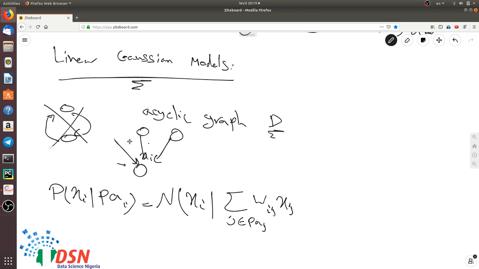So if I have three nodes as parents of this node xi, I have w11, w12, w13 here, then I can calculate this, and we have a bias term, which we represent as B. And the variance is Vi.